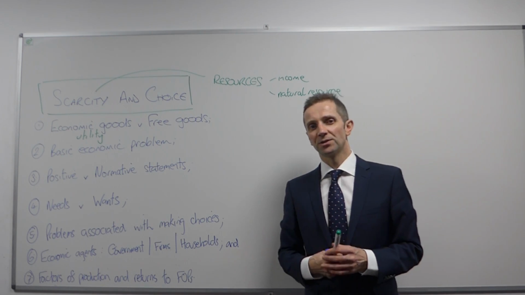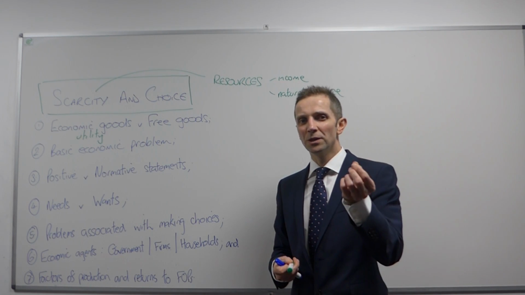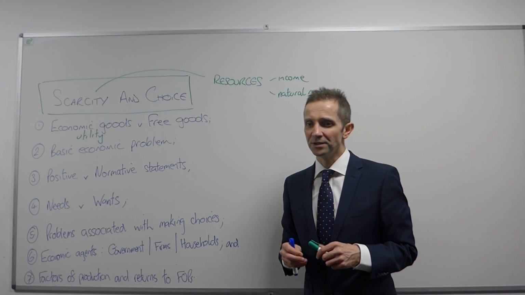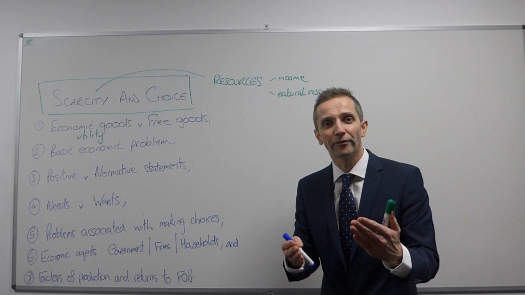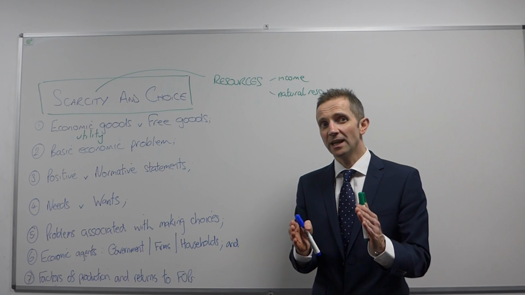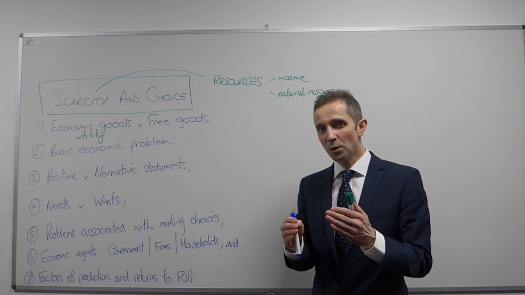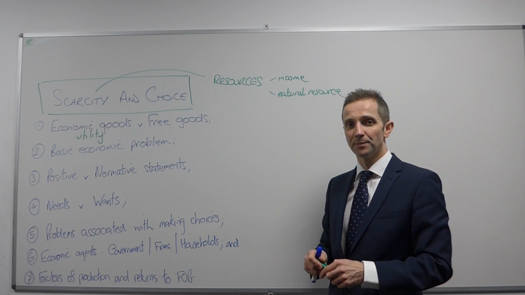So free goods are abundant in supply, but even those, as you will know from your studies of negative externalities, they may be abundant, but the actual fact that they are free means that people don't take the necessary care, and as a consequence of that we end up with a free good such as clean air being polluted, and then we get highly polluted air.